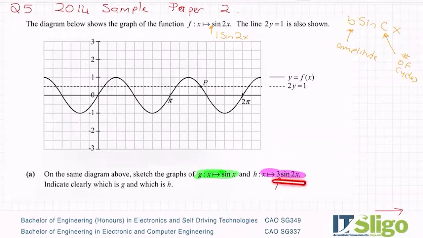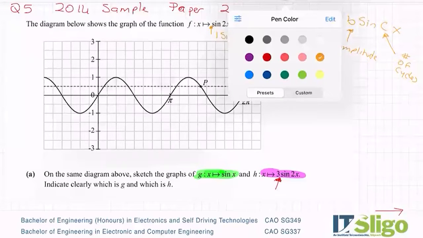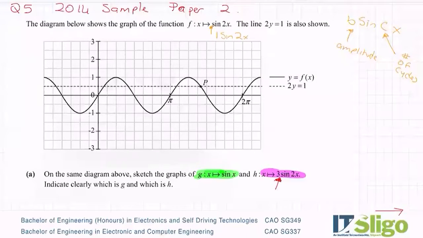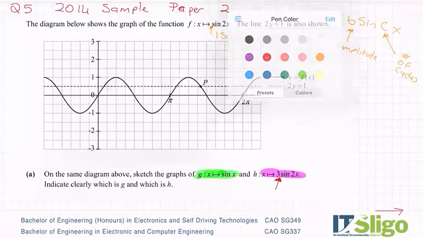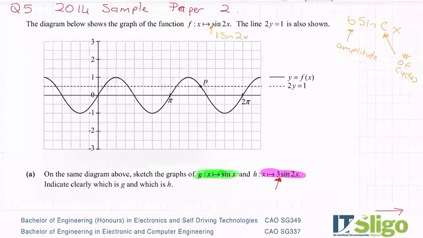To draw 3 sine 2x, where the peak of sine 2x was 1, the peak of 3 sine 2x will be 3. And in the same way, the trough or the negative peak will be -3. So let me draw it in, I'll draw it in pink.